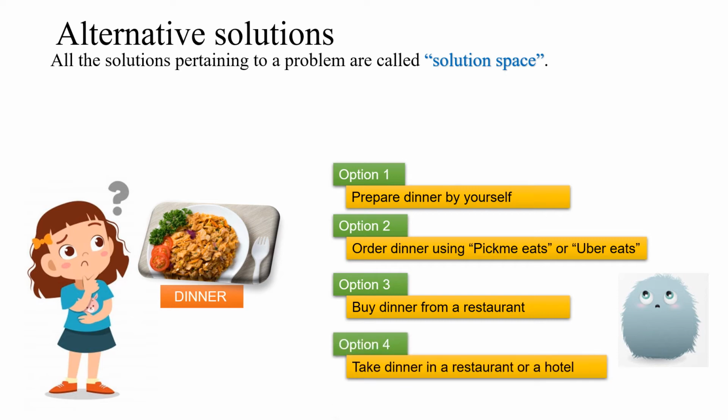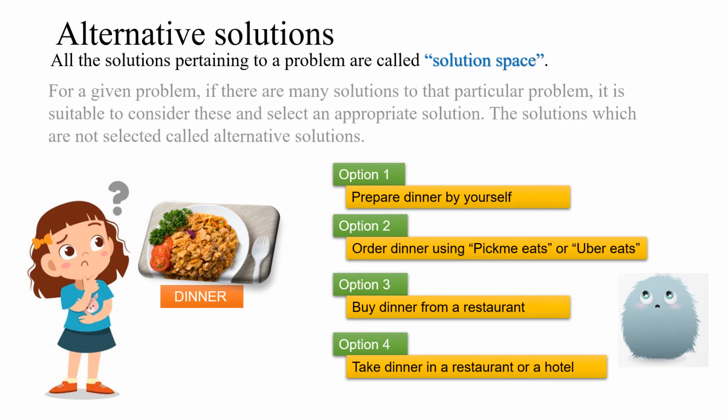And finally option 4, you can take the dinner in a restaurant or a hotel. So this is what we call the solution space. Out of these, you select the appropriate one for your solution. Then the other solutions are called alternative solutions.